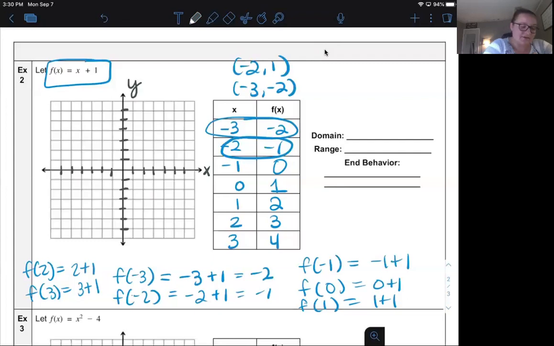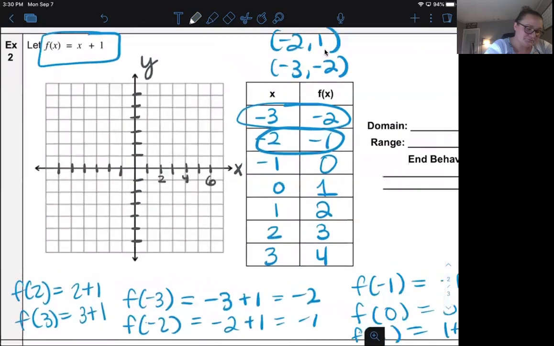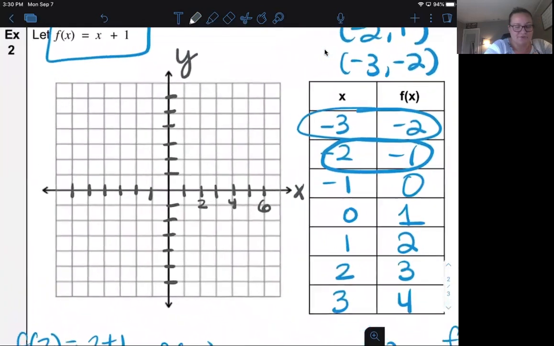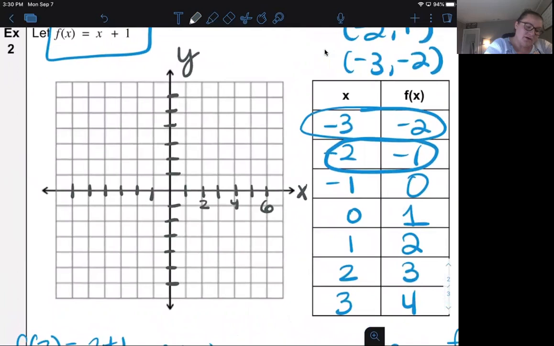So for this scale, we're going to count by ones, and I'm going to label all the evens. So the first one would be 1, then we would have 2, 3, 4, 5, 6. I can zoom in for you right now. Then on the other side, the middle, the origin, is 0, 0. That's your origin.